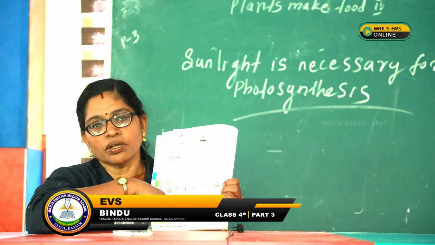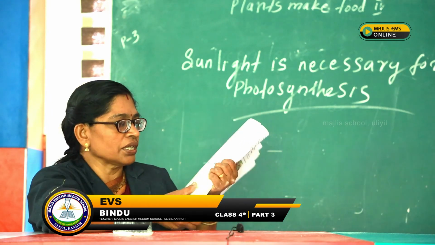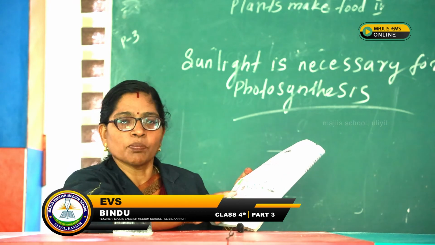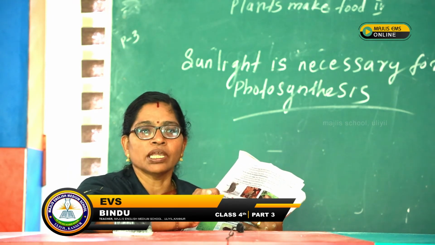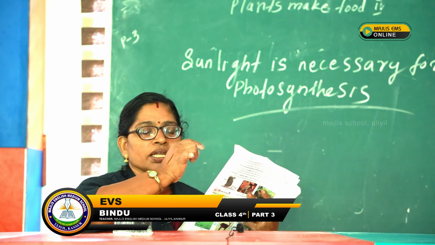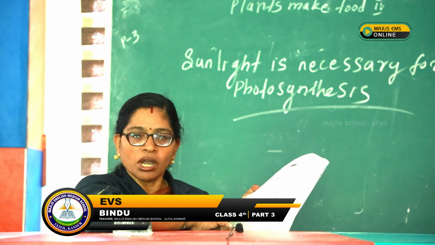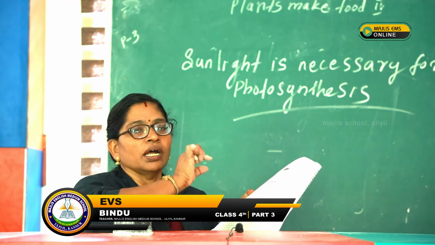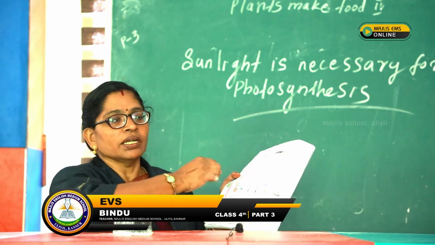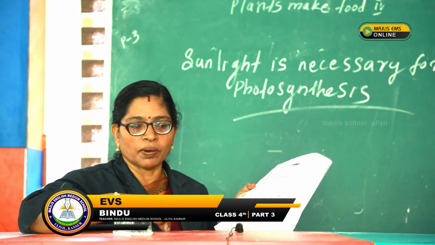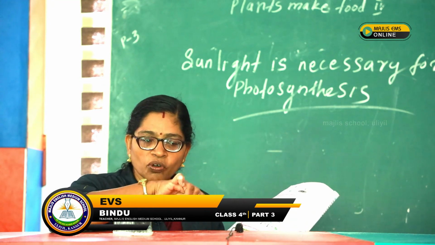Are you clear? Or I will explain once more. Okay, listen. Here, take a variegated plant, that means partially green and partially white, and put it in sunlight for 2 or 3 hours. Then take one leaf and a piece of paper and draw the outline of the leaf.